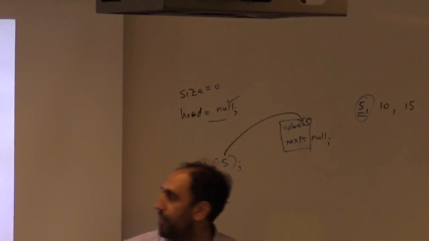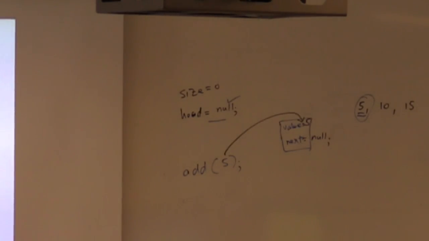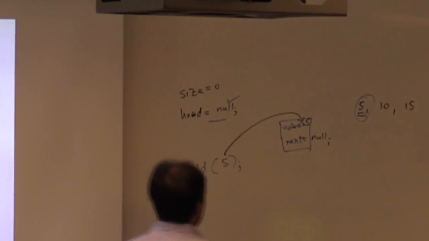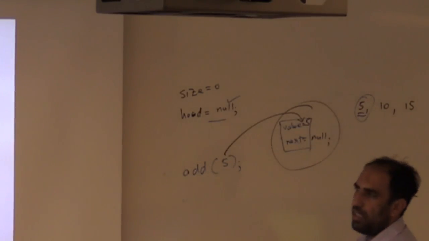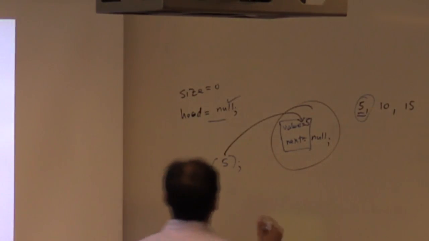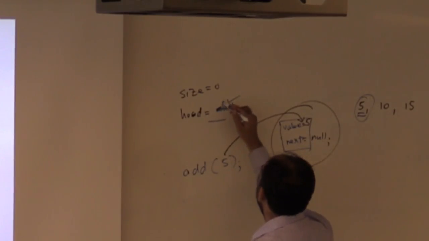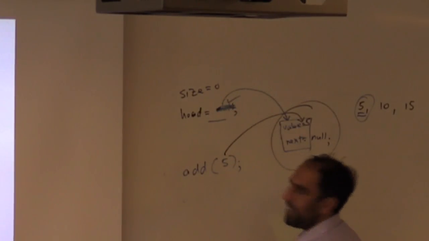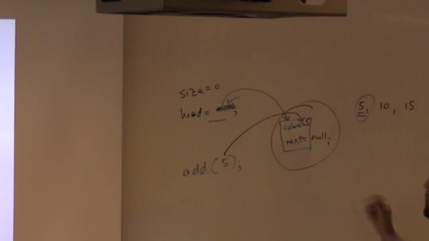And from this we will create this node, and after creating this node, we are passing the address, the reference of this node, to the head. So now this head will have an address to this, and this will be null. In this case, we have added one node to an empty list.